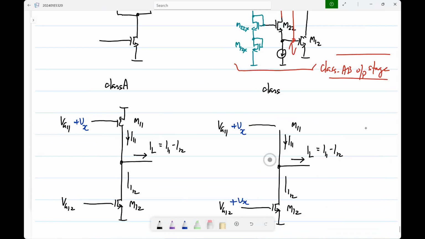Okay. Then to pull in current, for instance, you don't just cut this off. You're also increasing the current through M12. So you had some current when Vx was 0, that is the quiescent current, but you can actually pull current more than that. Okay. So that's how you can have load current in both directions to be more than the quiescent current.